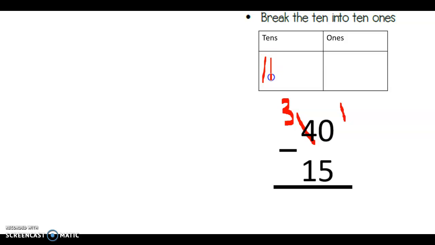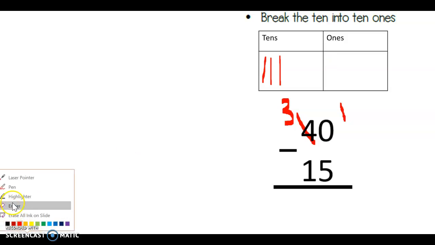So here are my 3 tens. And now I'm going to take the 10 that I had. So this was my 10. But notice, guys, it's in the ones place. I have to break it up into ones. There are 10 ones in one 10.